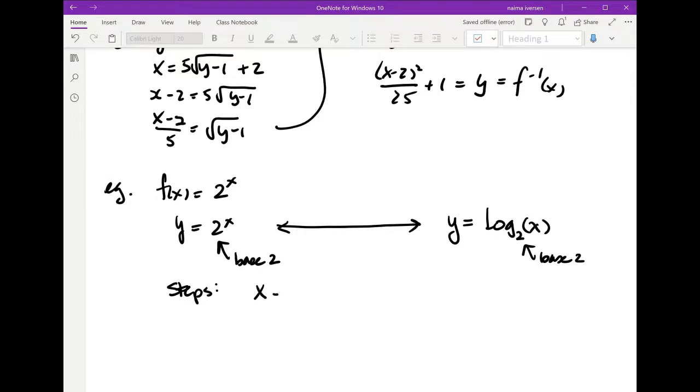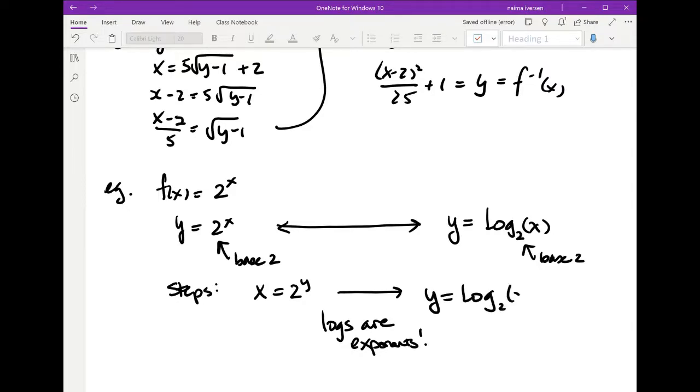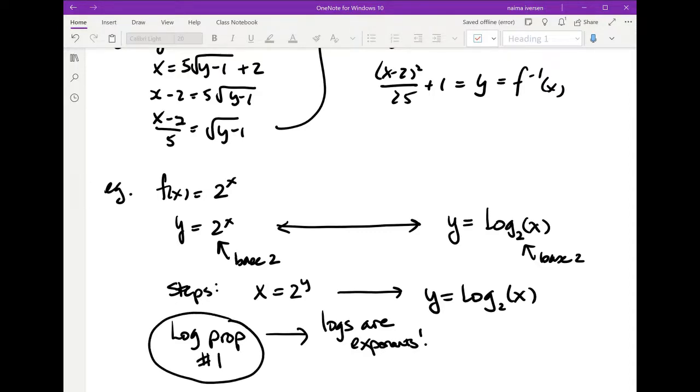Now to get that, what really happens is this. We switch our x and y, and we use a property that says, essentially, logs are exponents. Because what we get is y is equal to log base 2 of x. This I refer to as log property number 1. It is like the number one thing that we're going to be doing for logs.